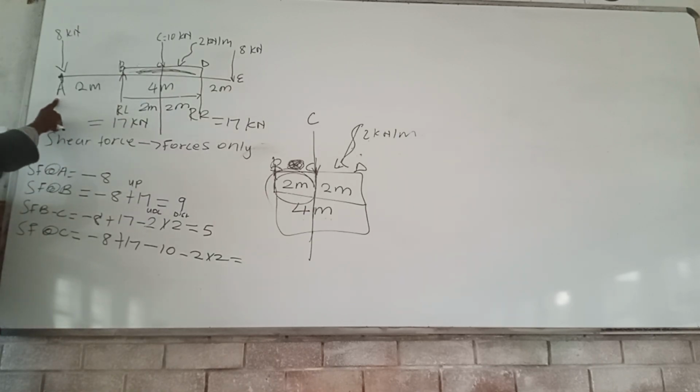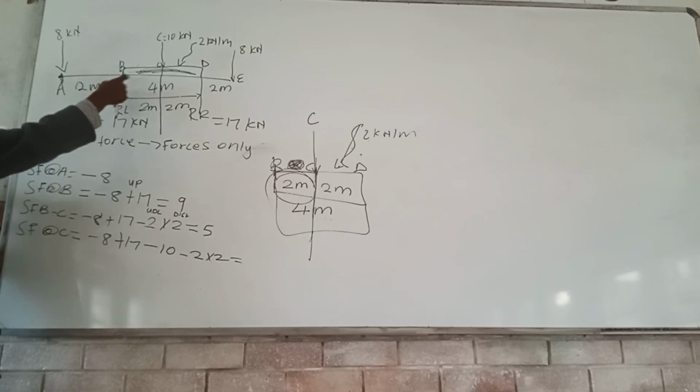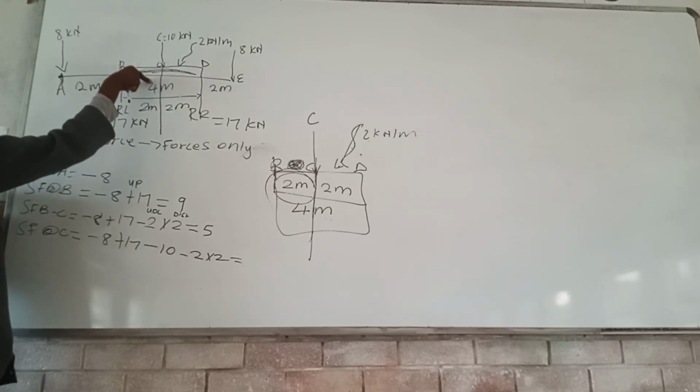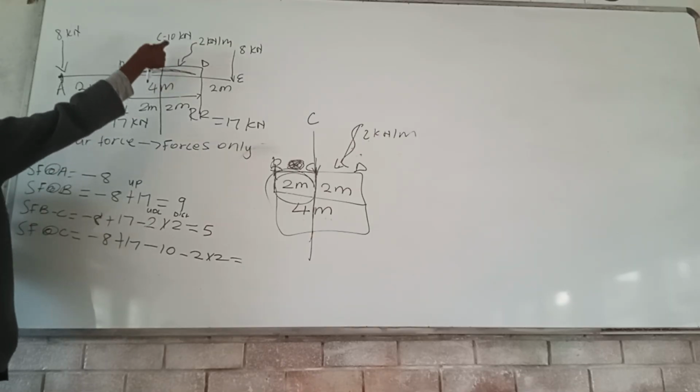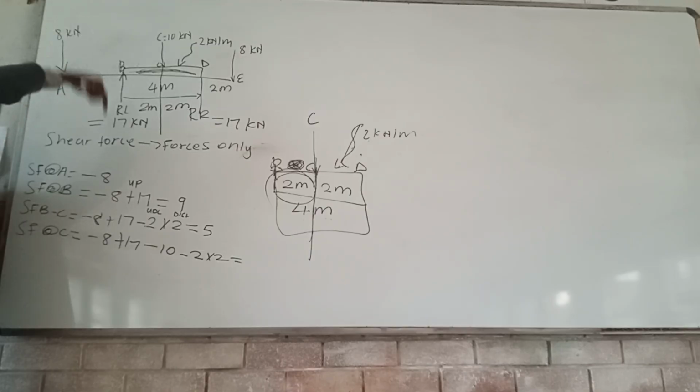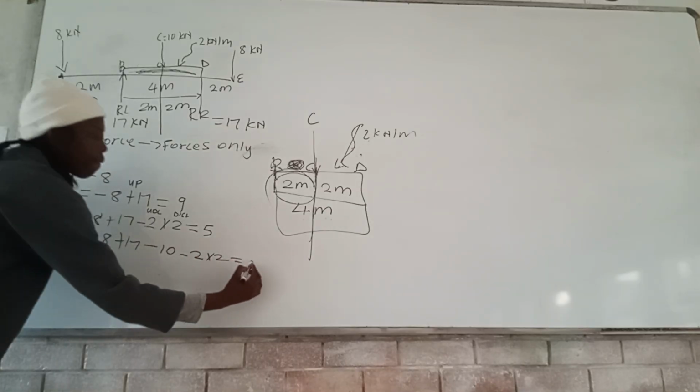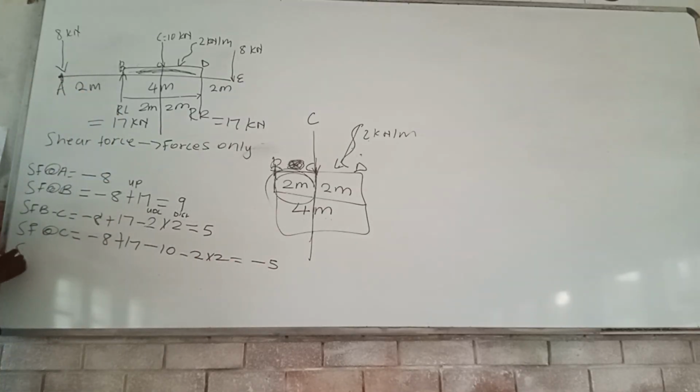It's like -8 plus 17. From B to C, what do we have? We have a UDL, which is 2, and then the distance is 2 again. So -2 times 2, and then we have a force that is acting on C, which is 10, and it is a downward force, so it's negative. What do we get? -5.